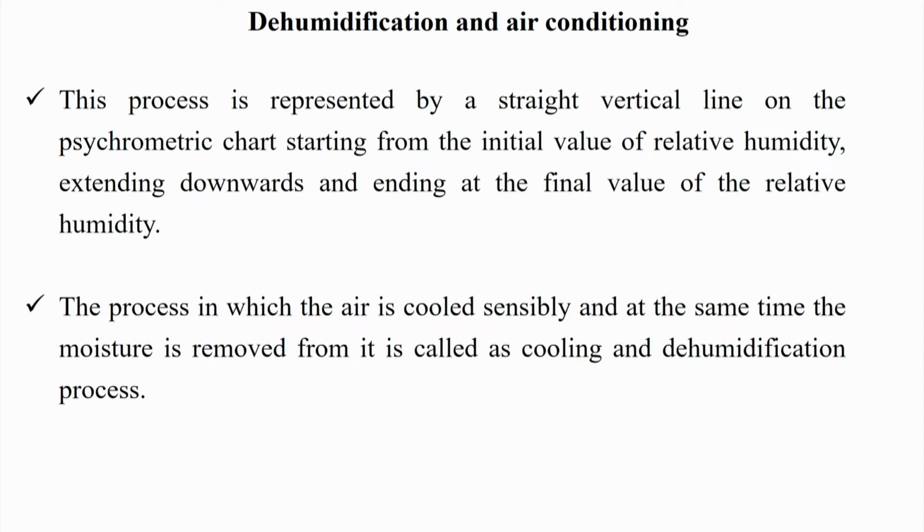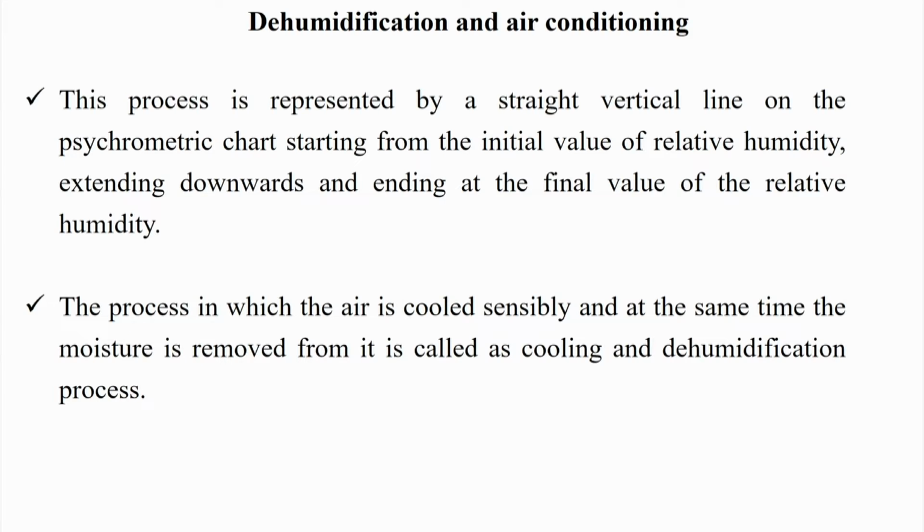In actual practice, pure dehumidification is not possible, as the operation is accompanied by either cooling or heating of the air. This process is represented by a straight vertical line on the psychrometric chart, starting from the initial value of the relative humidity, extending downwards and ending at the final value of the relative humidity.